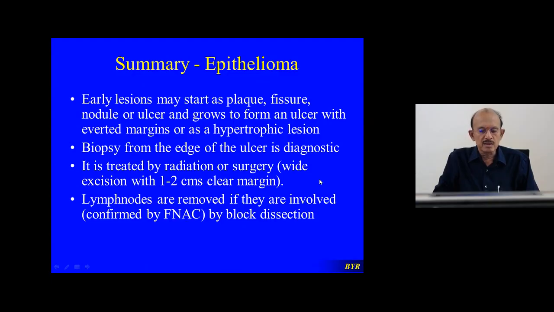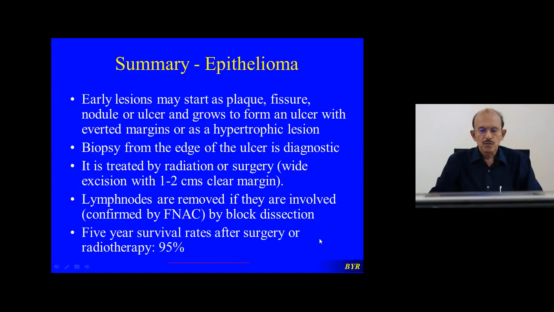So that is the block dissection of the inguinal region. I didn't mention block dissection of the neck. If it is neck, you can say internal jugular vein, sternomastoid muscle, etc. But I didn't say like that. I just said block dissection. Five-year survival rates after surgery or radiotherapy is around 95% for the early lesions.